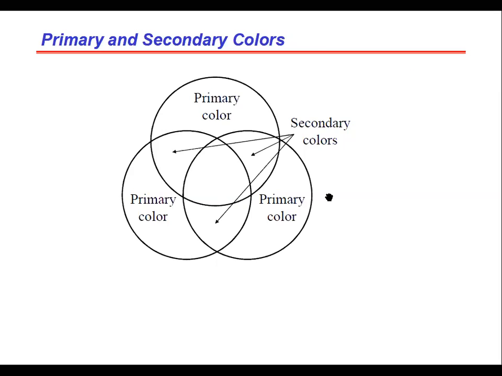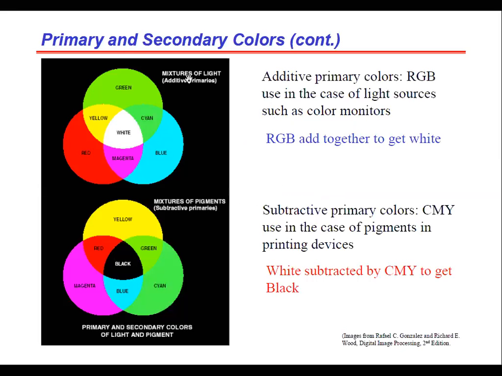Basically the images are generated using primary colors, and the combinations of them are secondary colors. For the visible region, for illumination, there are additive colors, and when you print something, there are subtractive colors.